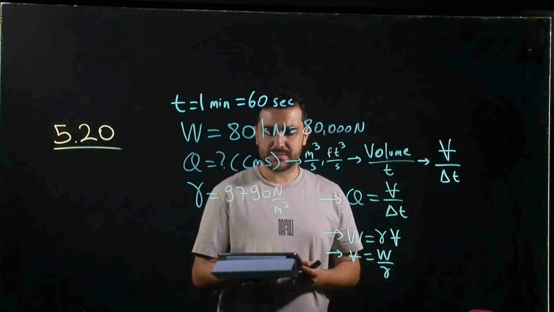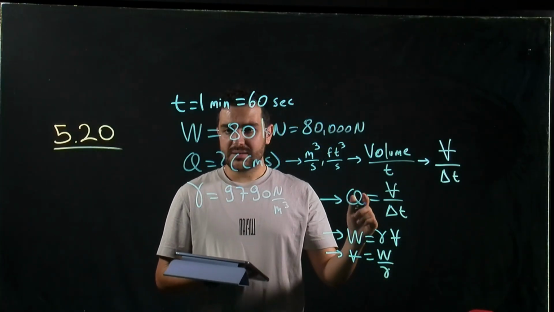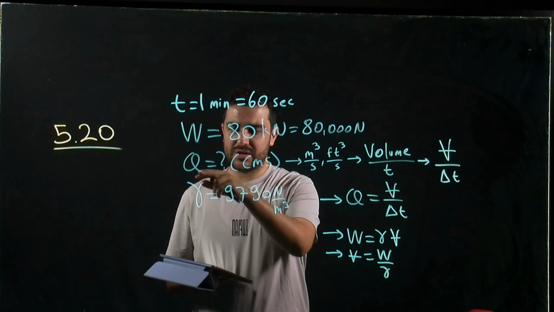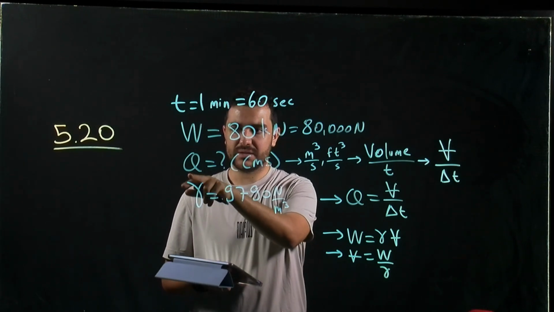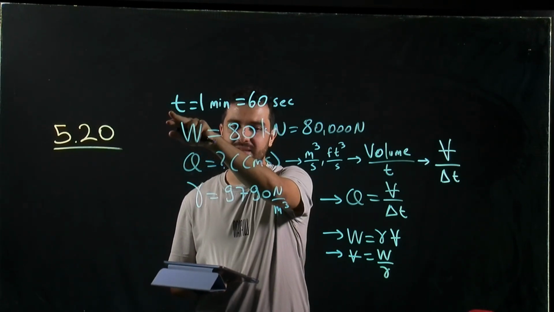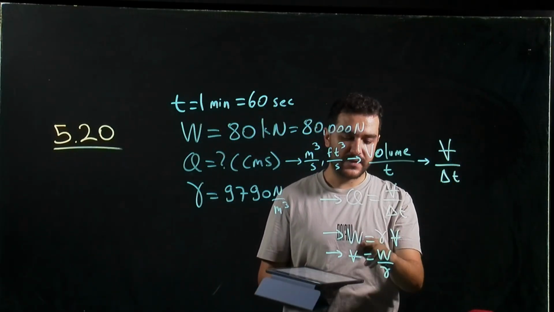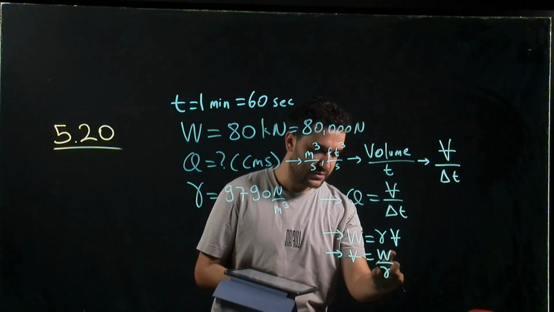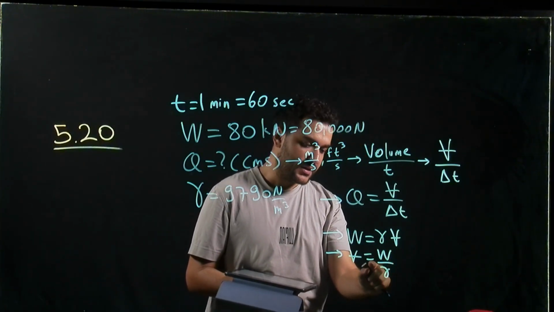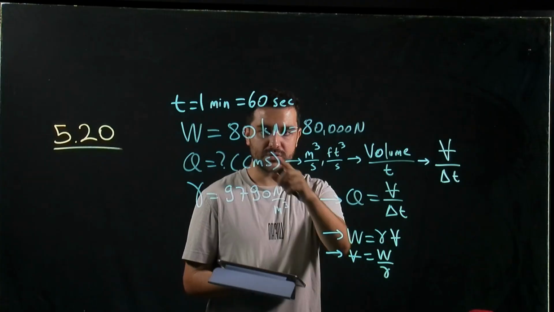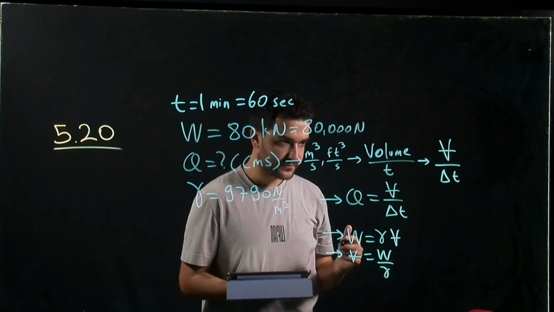Let me explain why I did that. This is because in the question we are required to find flow rate, but we are only given weight and time. So we need to convert from volume to weight. Therefore, as you can see with this term, we can now use the given weight.